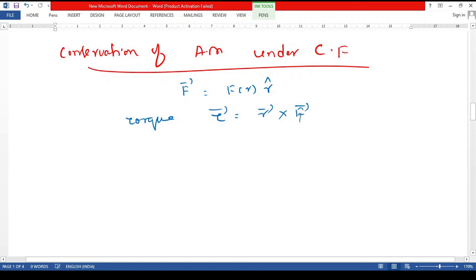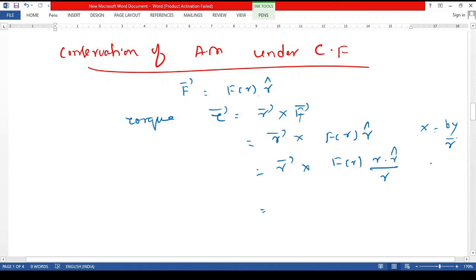Substituting F, we get r cross F of r into r cap. Now divide and multiply by r: r cross F of r into r cap by r.